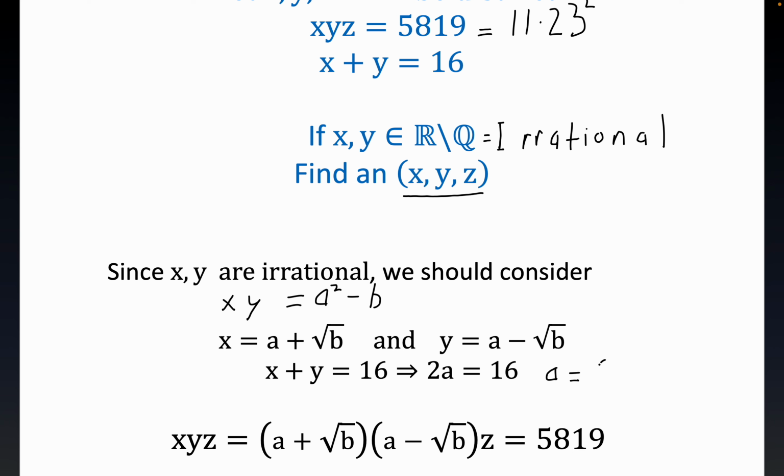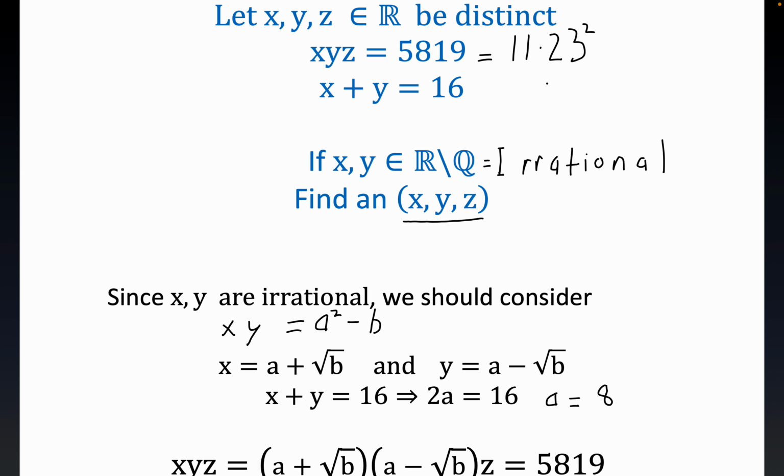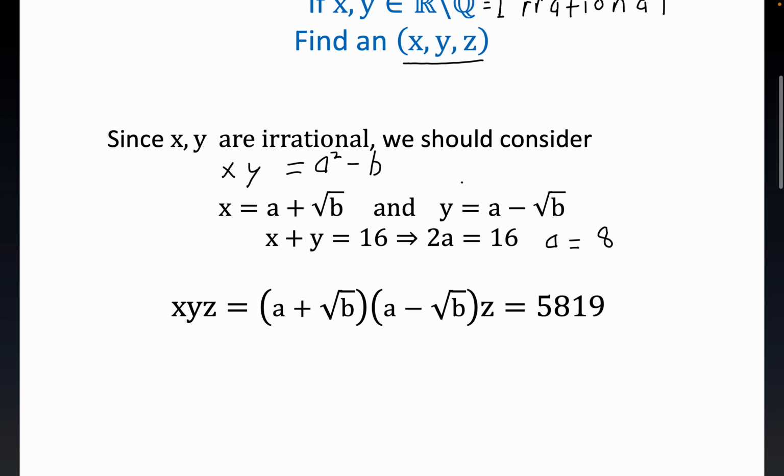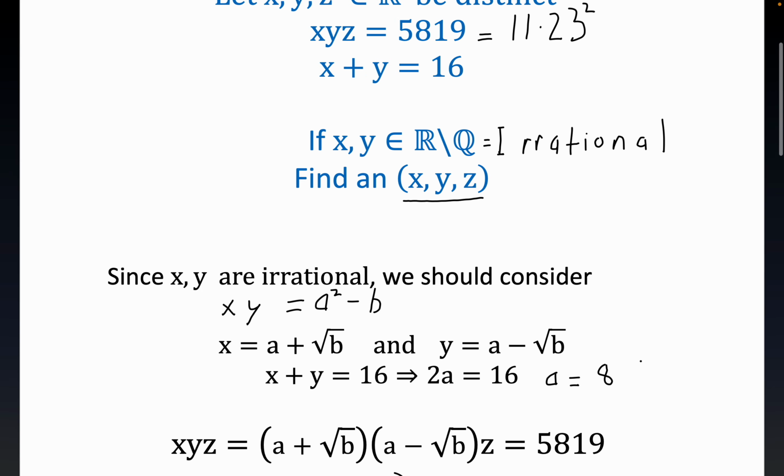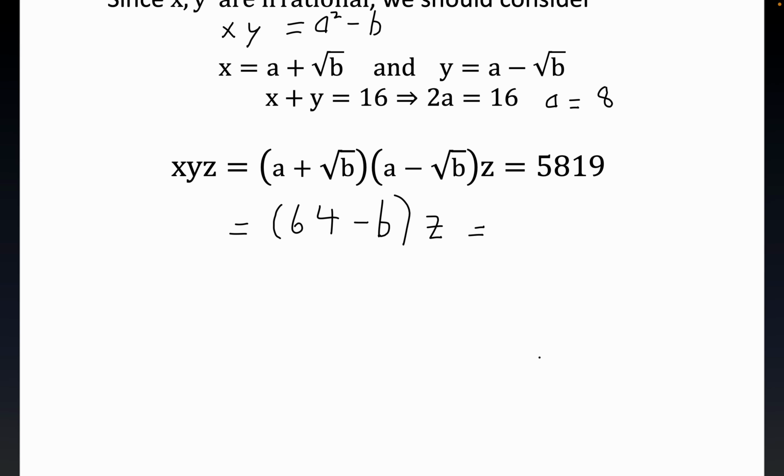Now let's take a look at this 11 times 23 squared and see what we can do with it. We know that a is 8 from this analysis, so this would be equal to 64 minus b, times z, is equal to the prime factorization, 11 times 23 squared.